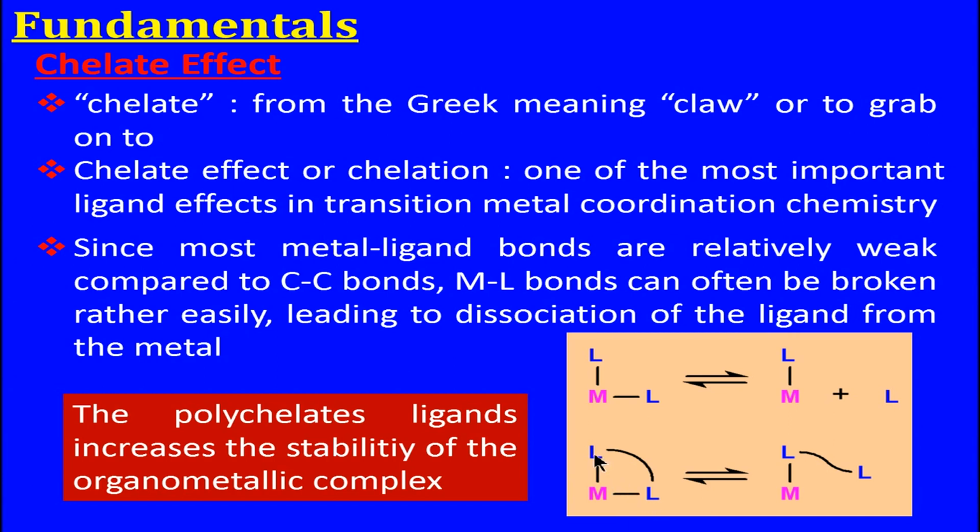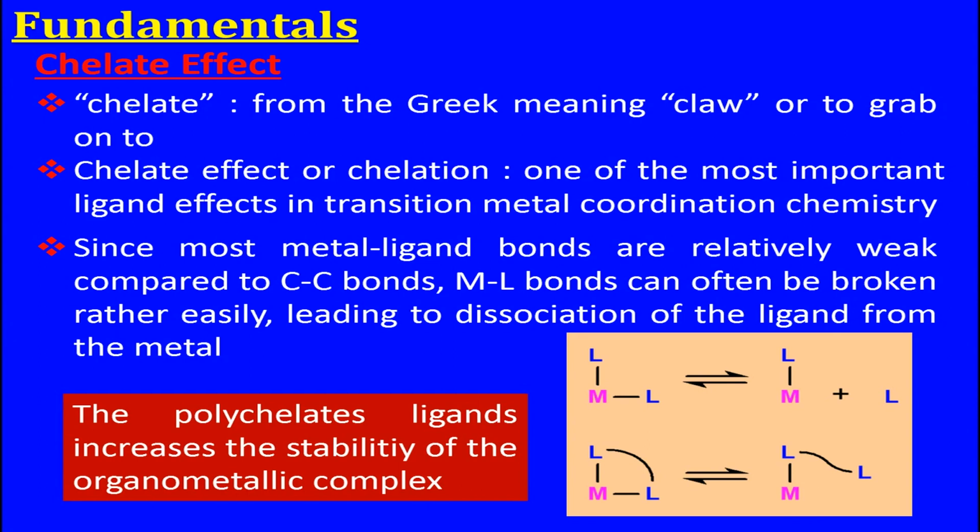Supposing the ligand is bidentate, you have one chelation from L and another chelation from the second L. So in this case, M could leave one dentate to have ML, but never is the bidentate LL released from M.